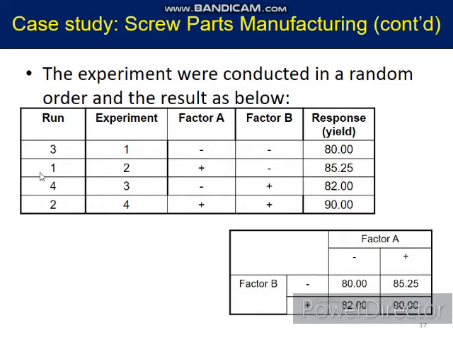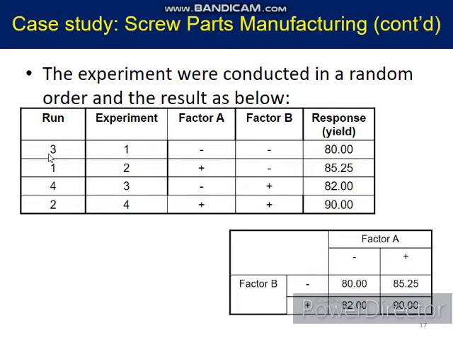The way the software comes up with these randomizations of the runs is that it has a random number generator, and the random number generator will assign the sequence of experiments that you should conduct, right? So you should follow the suggested running order as per the software recommendation.